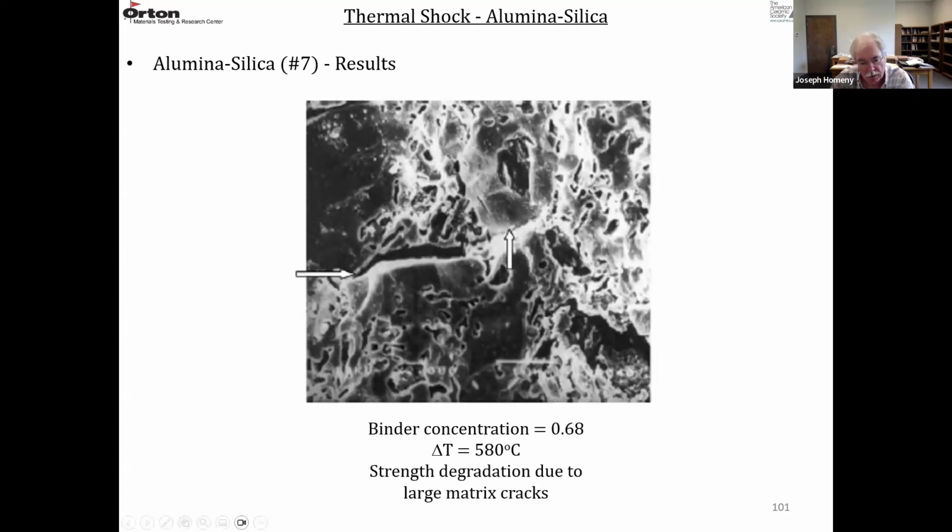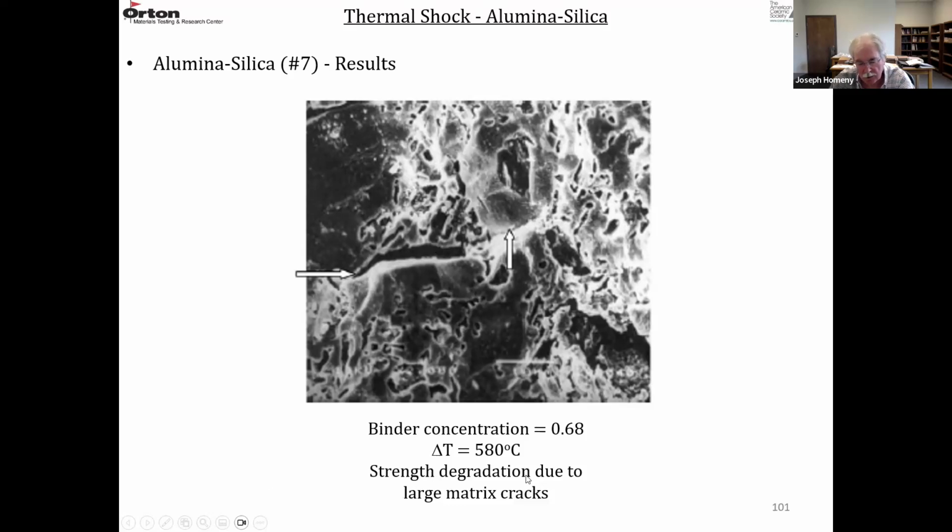But then when you go to the higher delta T, this is 580 degrees C at the optimum binder content of about 0.68, now they start to see large matrix microcracks. So here's a coarse grain. There are microcracks between the coarser grains and the matrix following that path.